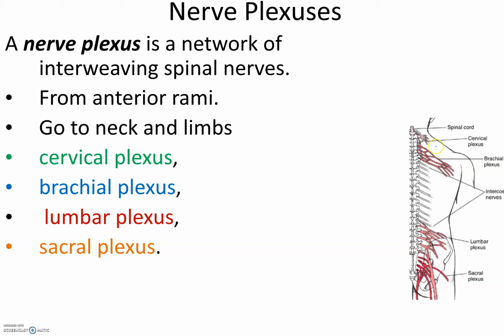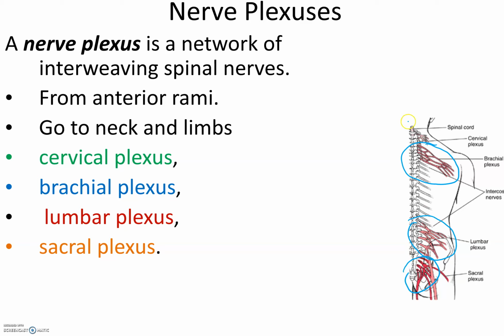So this right here is a very beautiful plexus. That's the brachial plexus, and that goes to the arm. Now down here we have 2 weaves. This one that's around the lumbar area is called the lumbar plexus. This one's called the sacral. Sometimes it's called the lumbosacral plexus.